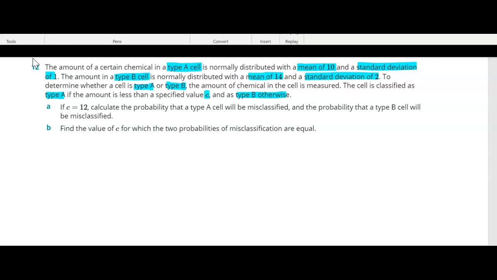Okay, so question A. If C equals 12, calculate the probability that a type A cell will be misclassified and the probability that a type B cell will be misclassified. All right, so we want the probability is less than a specific value.